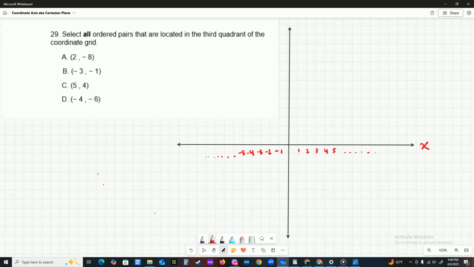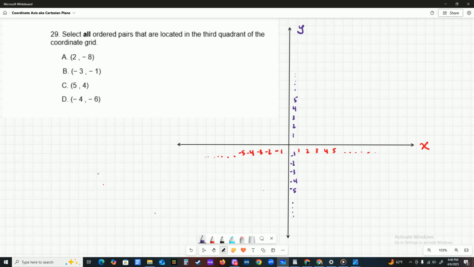And up, we have the y-axis. We go 1, 2, 3, 4, 5, and so on. It goes up forever. And below, we have -1, -2, -3, -4, -5, and so on.